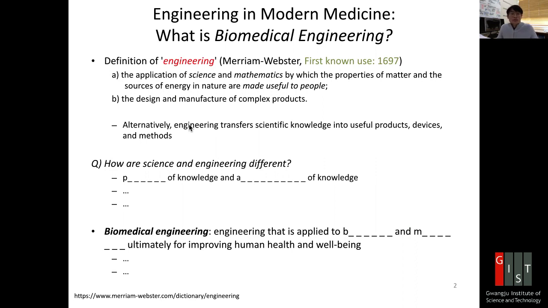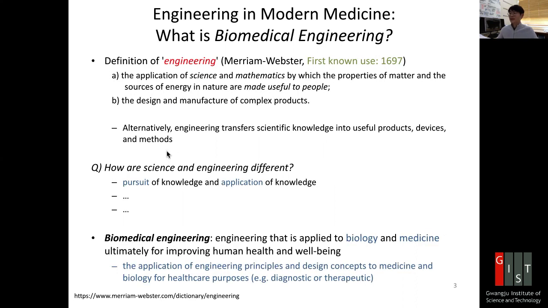Then we have to think about what the differences are between science and engineering. And also we want to define biomedical engineering upon this definition of engineering. One way we can think of it is that the pursuit of knowledge would be considered science, while the application of the obtained knowledge is engineering.